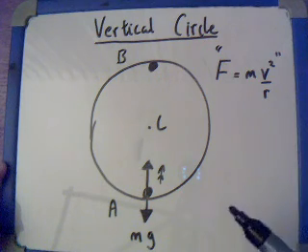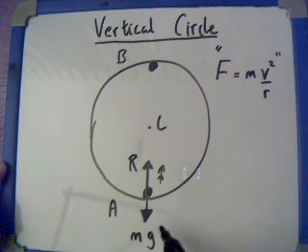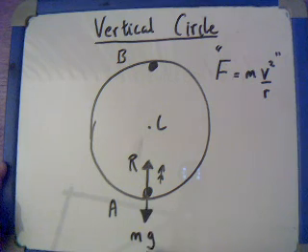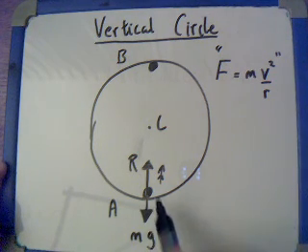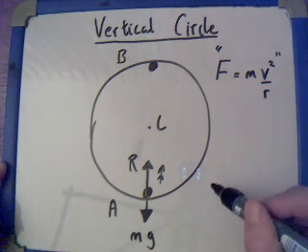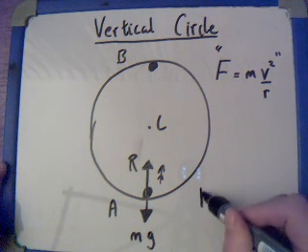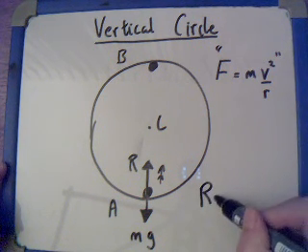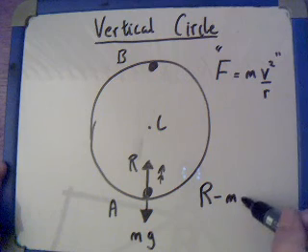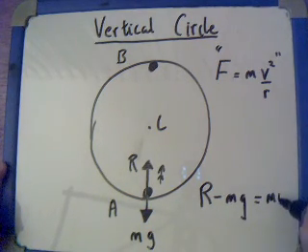Now in this particular case, the reaction force R must be greater than the weight, mg, because it's accelerating towards the center. So the formula we can write is simply R minus mg is equal to mv squared over r.